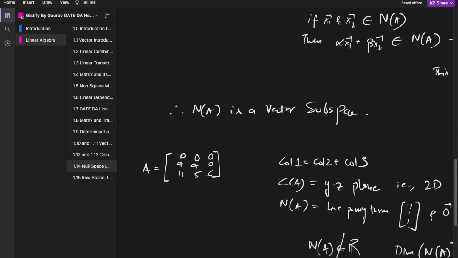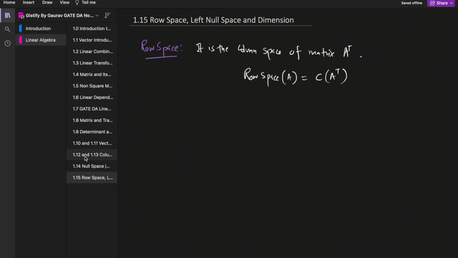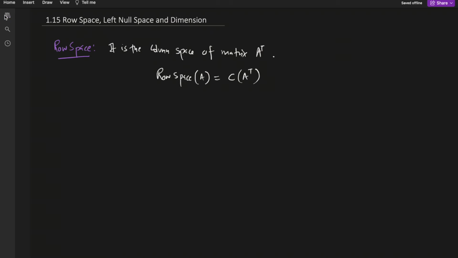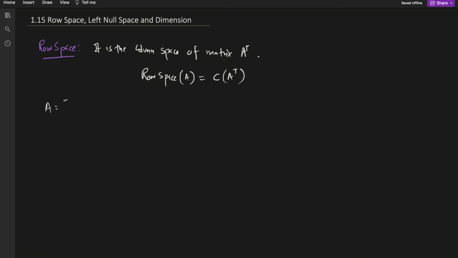In the previous videos, we used to refer to this matrix, right? 4, 0, 4, 11 and all. So for the same matrix, if matrix A is 0, 4, 11, 0, 4, 5 and 0, 0, 6, we have already seen what the column space and null space are for this matrix.